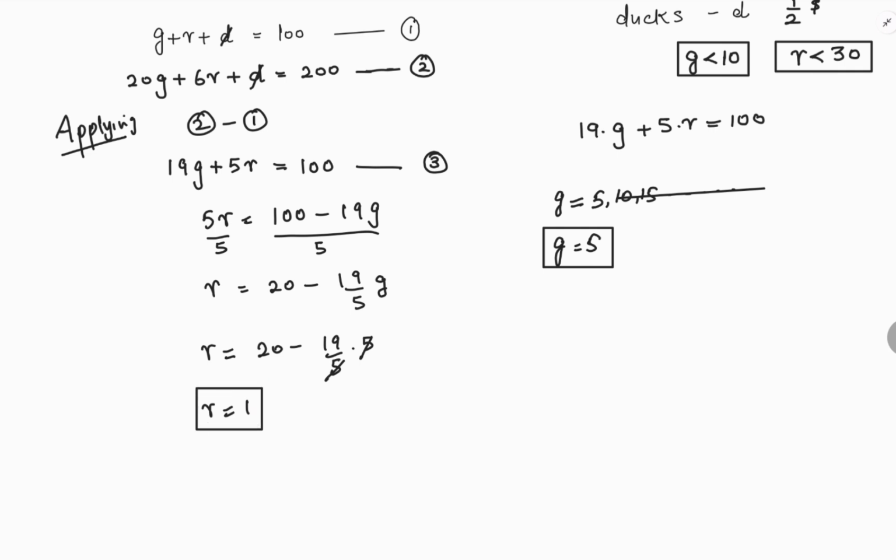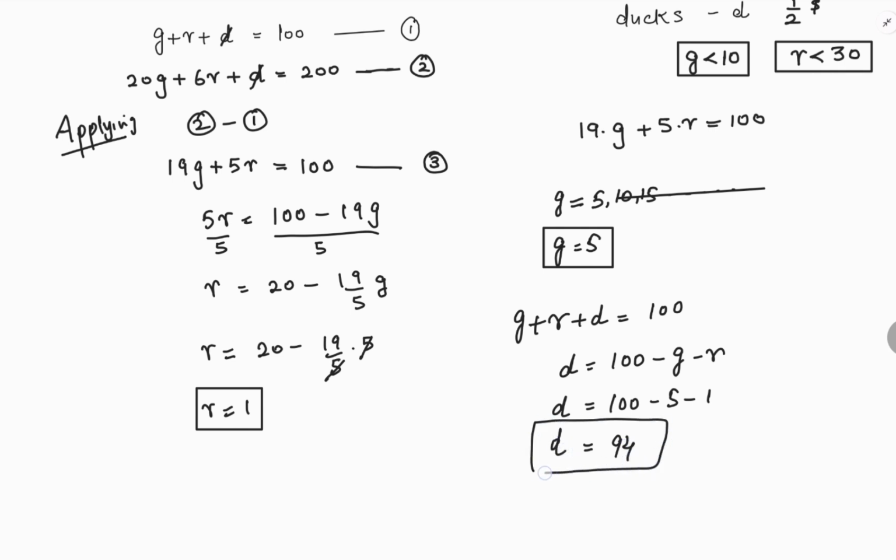Okay. If you know G and R, and you know that G plus R plus D is equal to 100, that means D is equal to 100 minus G minus R. That means D is equal to 100 minus 5 minus 1. That means 94.